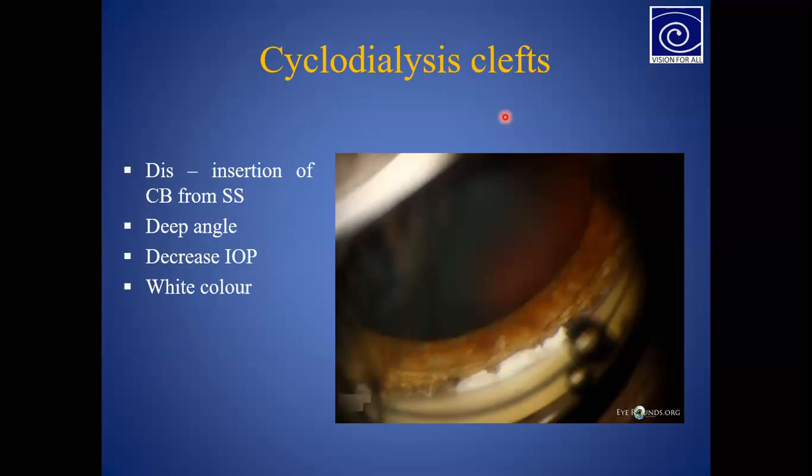So this is related to advanced topic. Fine. So in short, you should know this one also. Cyclodialysis cleft. So what is cyclodialysis cleft? So there will be having something whitish.